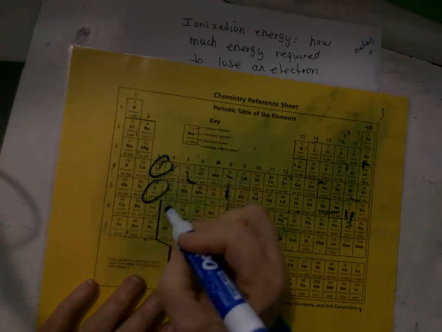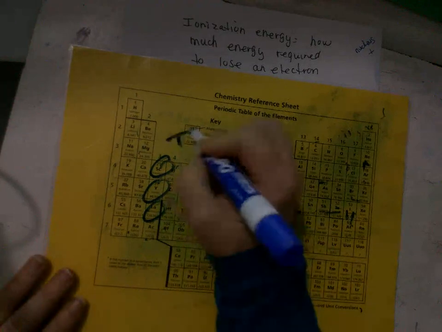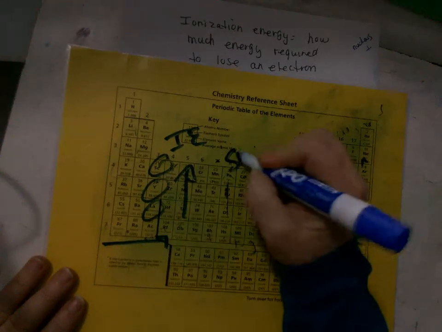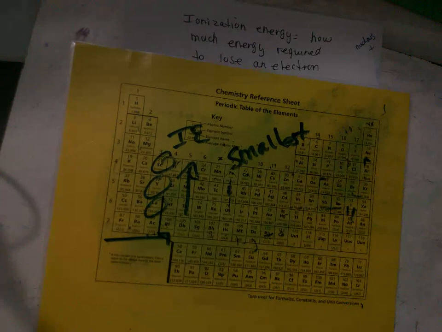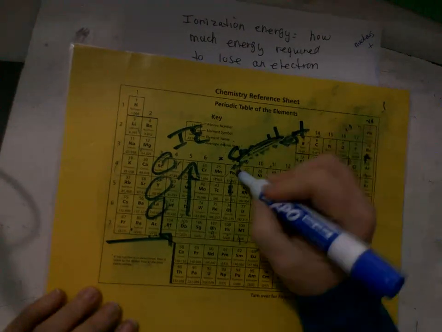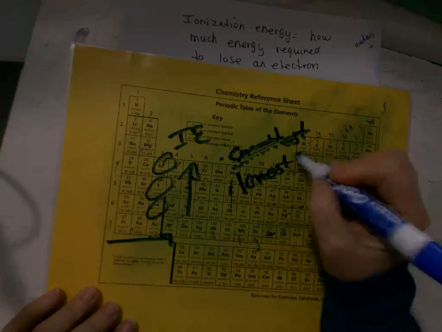Okay, let's do one more. Let's do Sc, Y, and La. So I want ionization energy. Who's the furthest this way and this way? But this time I want to know who has the lowest ionization energy.